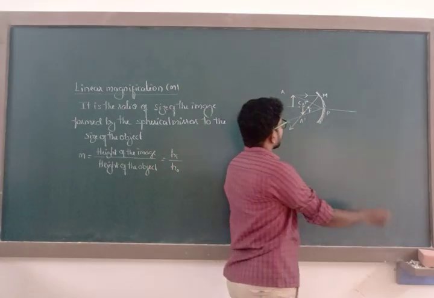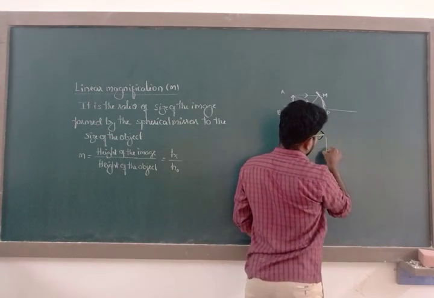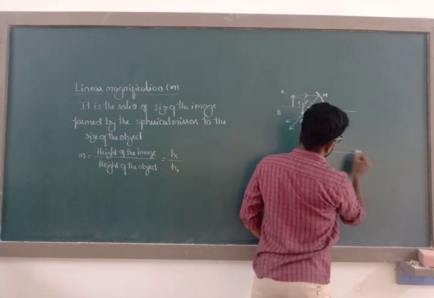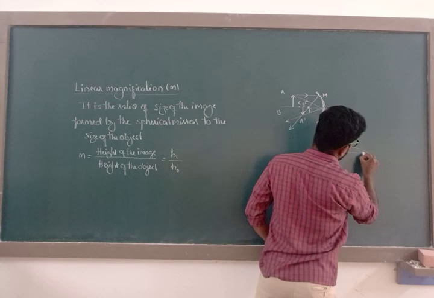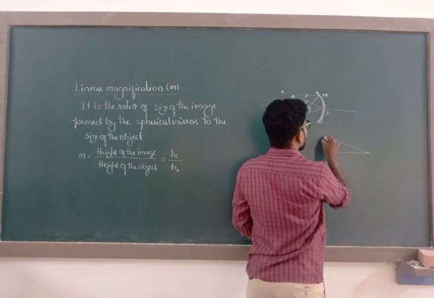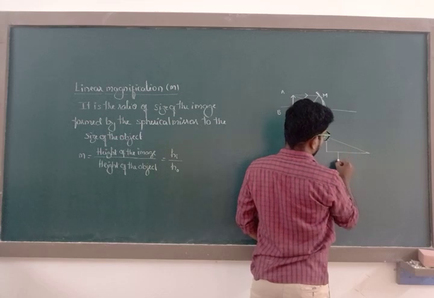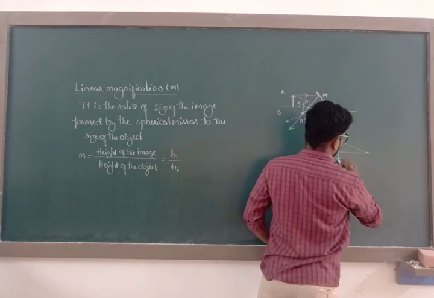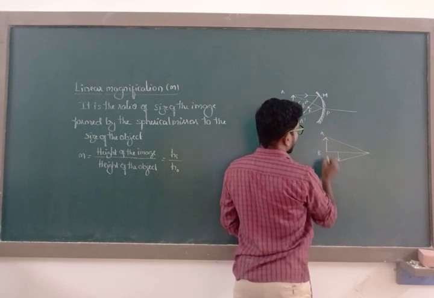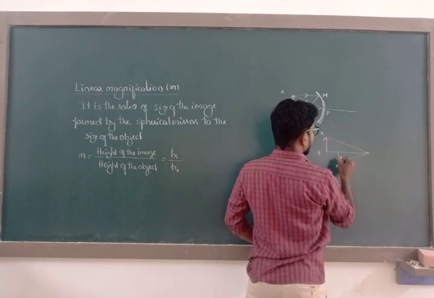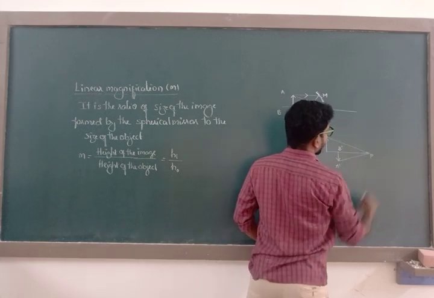Because, let us consider these 2 triangles separately. AB is the object, A dash B dash is the image, P is the pole.